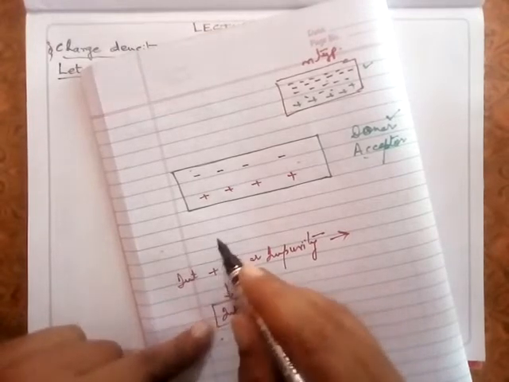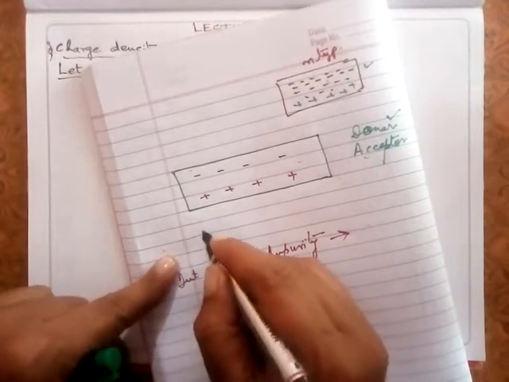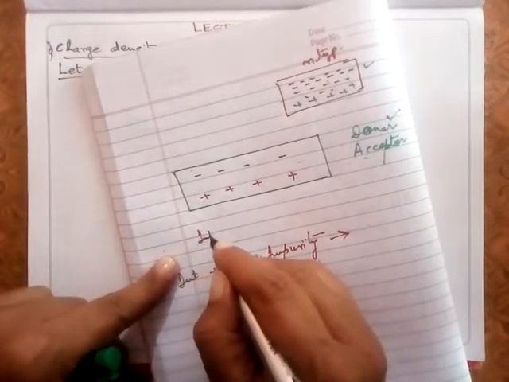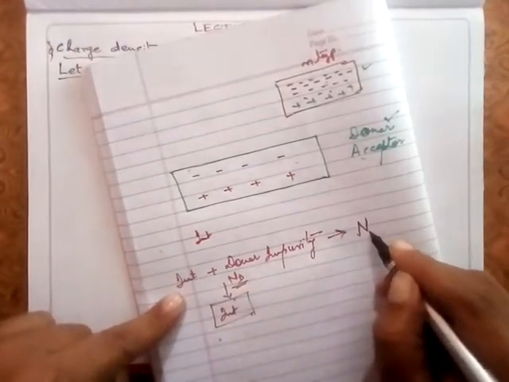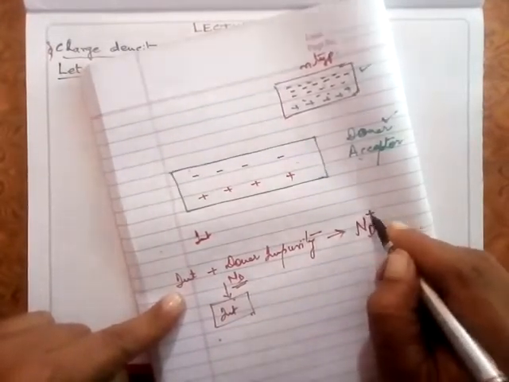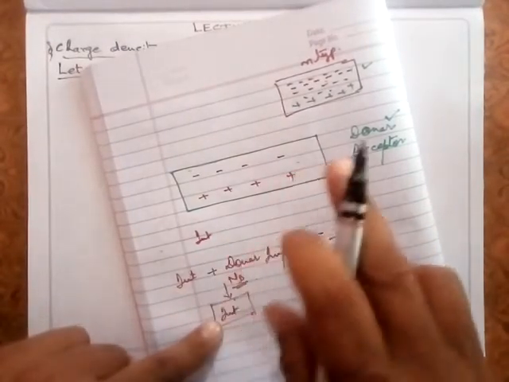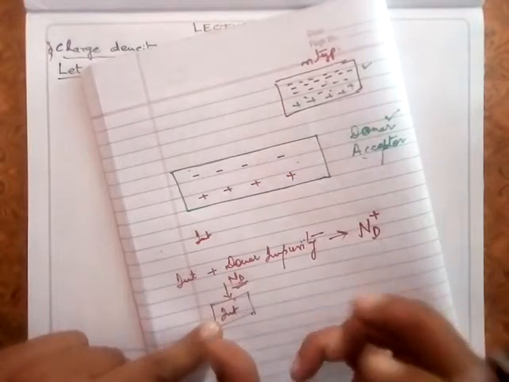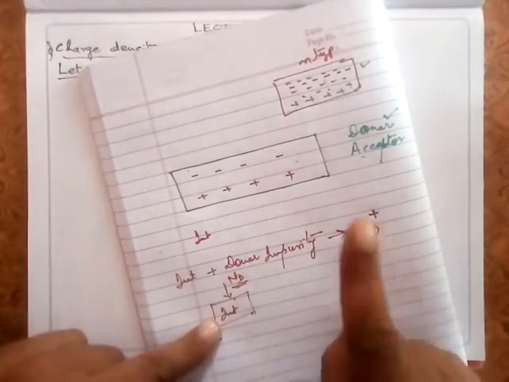So when it is doped with donor impurity, what will happen? You will have, of course, the intrinsic semiconductor. The donor impurity will become a positive donor ion, because every donor impurity releases its fifth electron. So one electron comes with one donor ion.